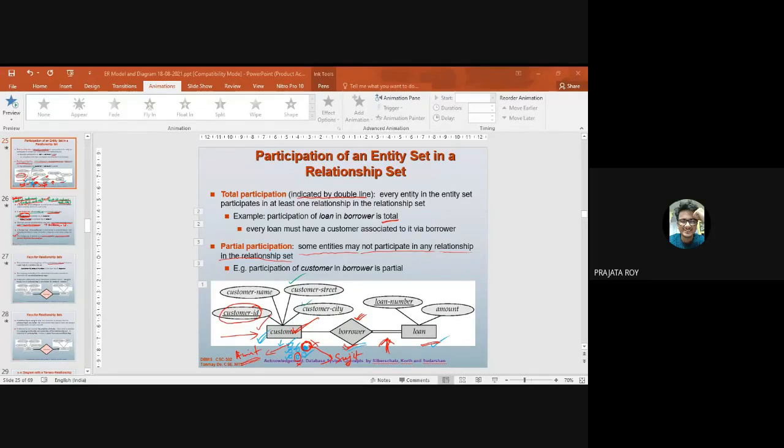No, sir, it's not visible. The other students, what have you seen? Slide number 25, participation of entity set.